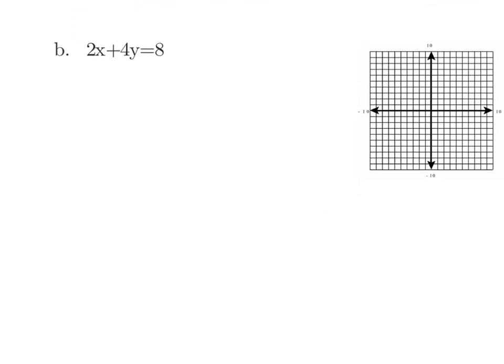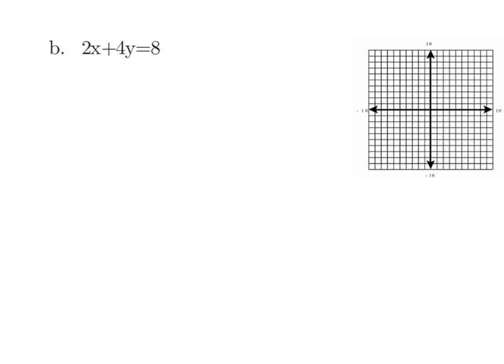So for example B, if I go ahead and write this in slope-intercept form, I want to solve for y. My first thing I'm going to do is subtract 2x from both sides. We get 4y equals, I'm going to put my x term first. And then I'm going to divide by 4 to each term.